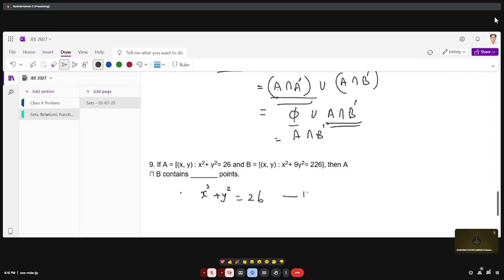This is one condition. The other condition is x square plus 9y square equal to 226. Both these conditions should be satisfied, right?